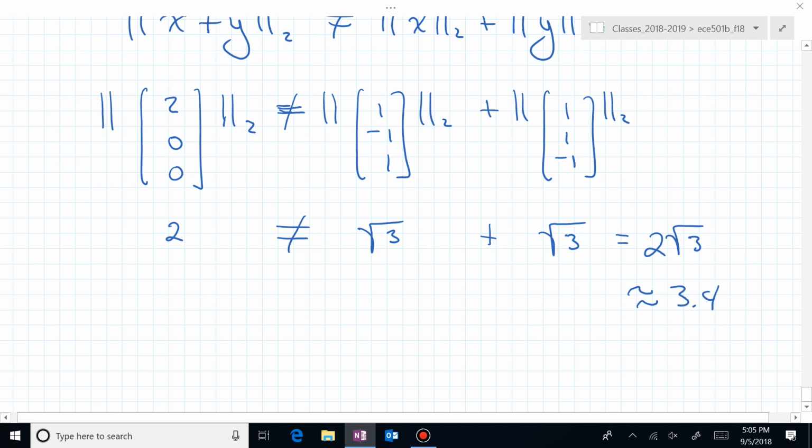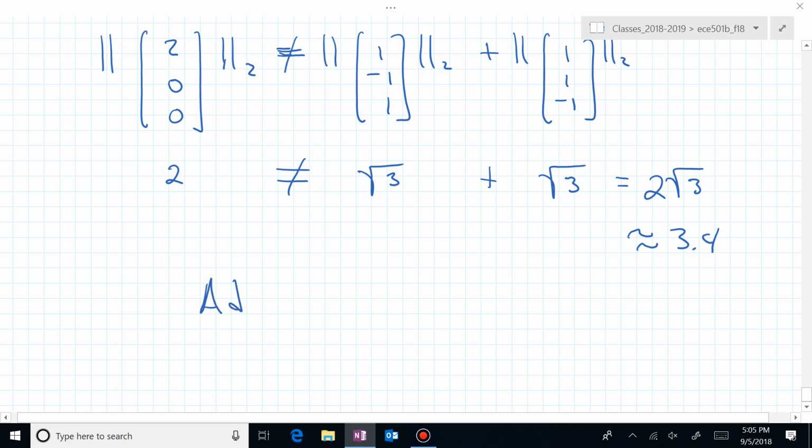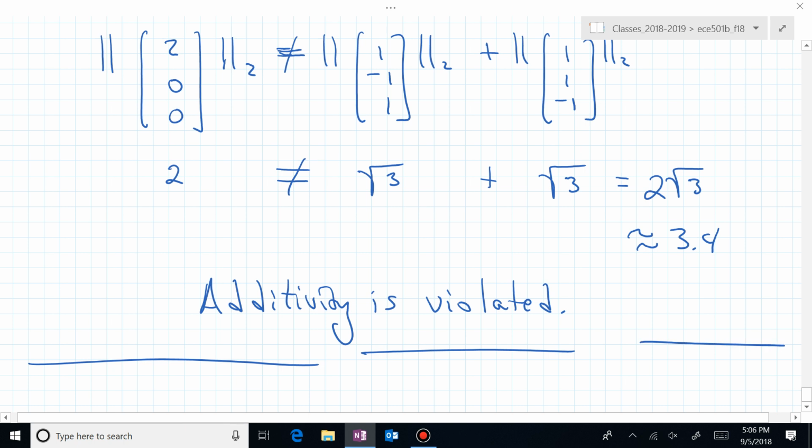Is that right? So 2 is not 3.4, is it? So this additivity is violated. So we've now convinced ourselves with a counterexample that the 2 norm as a map is not linear. So this process that takes a vector and finds its magnitude or its size is not linear.